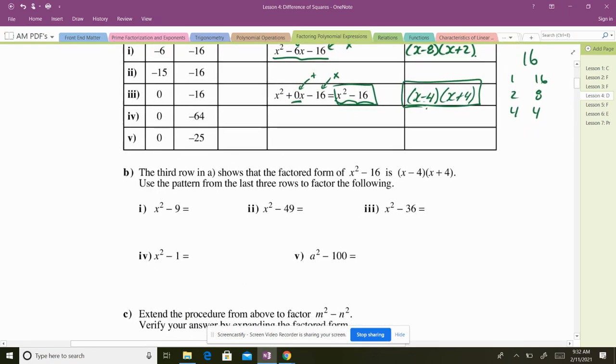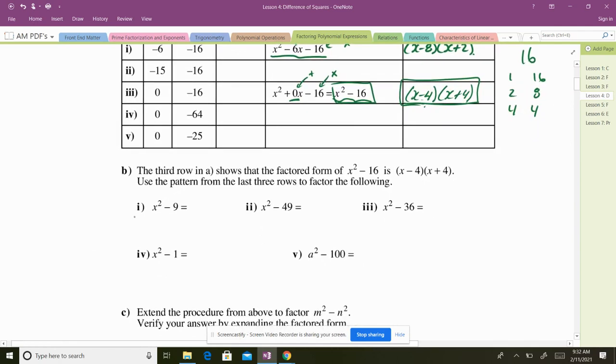So all the factoring we're going to do in this lesson is difference of squares. So x squared minus 9, sorry. Two terms separated by a minus sign, a subtraction sign. Can you square root 9? 3, right? Can you square root x squared? It'll just be x.